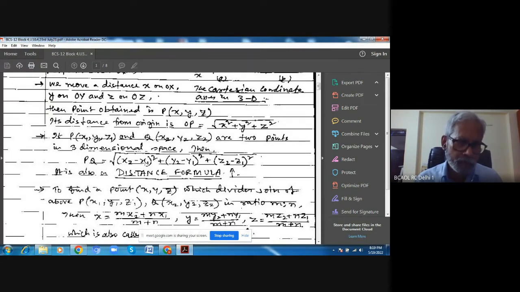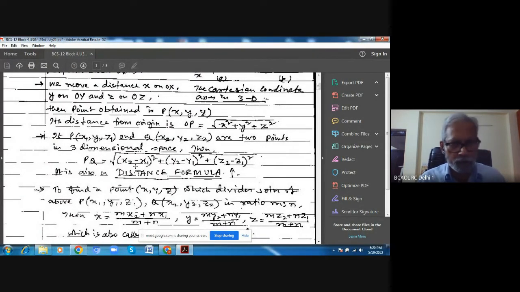When measuring, always be careful: finishing point minus starting point, because the starting point is zero, and the finishing point may be 3 kilometers or 2 kilometers. So we subtract the starting point from the finishing point. Plus, similarly, y2 minus y1 and z2 minus z1. You have to remember that.